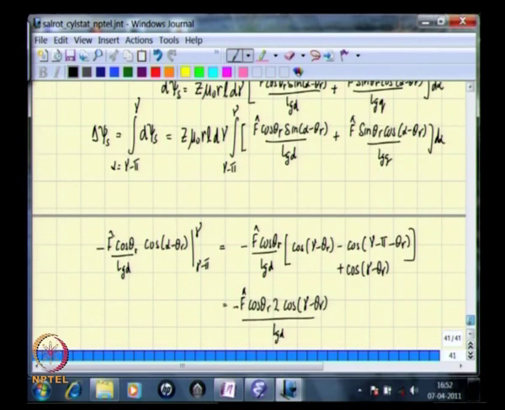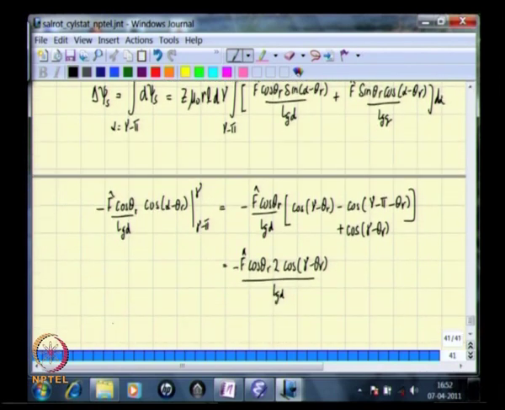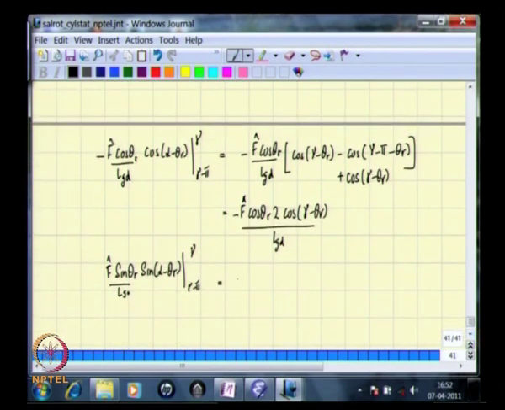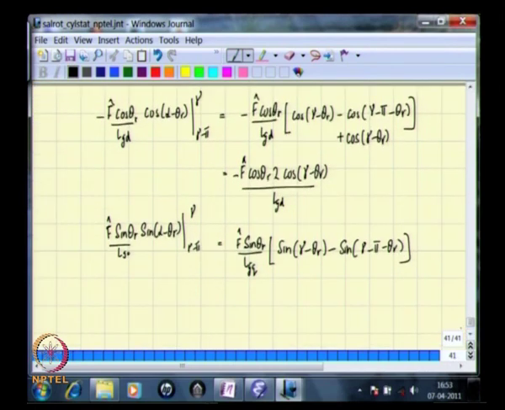The second term is f hat sin theta r multiplied by sin of alpha minus theta r divided by LGQ going from gamma minus pi to gamma, which is f hat sin theta r by LGQ into sin of gamma minus theta r minus sin of gamma minus pi minus theta r, and sin of gamma minus pi minus theta r is minus sin of gamma minus theta r.